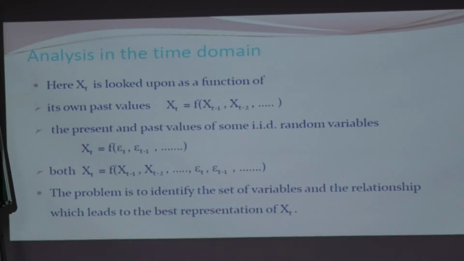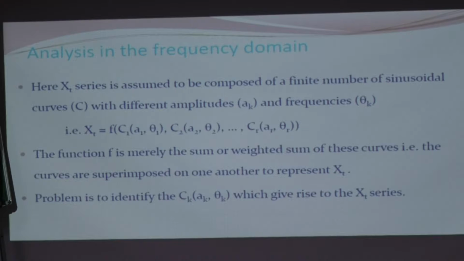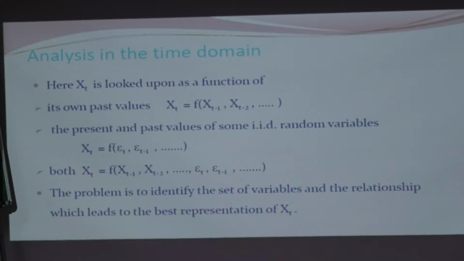So what the idea would be here is to identify how we model this, which set of variables we'll look at. Do you need just this or maybe all these together, and how do you actually combine them to get an idea of our xt. Okay. So we want to find the best representation of xt based on the past values. Okay. This is what we'll be sticking to. This is the time domain approach that we'll be doing today.